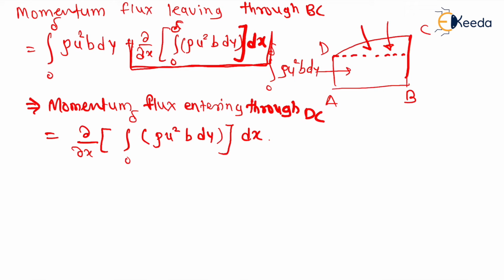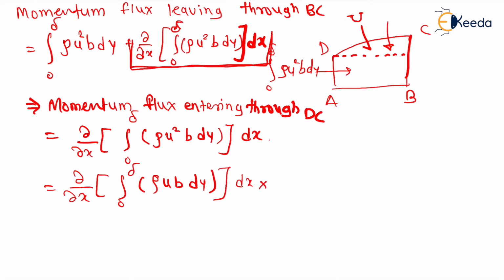But it is actually entering fluid with velocity capital U. So I can write it as ∂/∂x of integral 0 to del rho u b dy, bracket complete, into dx into capital U, where U is nothing but the free stream velocity.